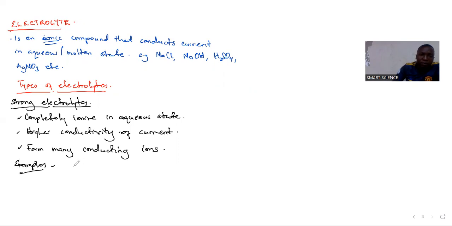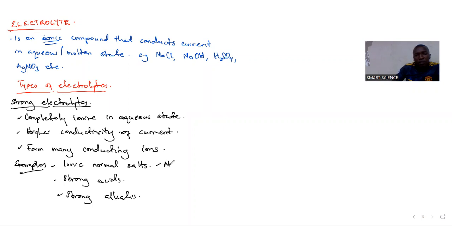Examples come mostly from ionic normal salts, strong acids and strong alkalis.